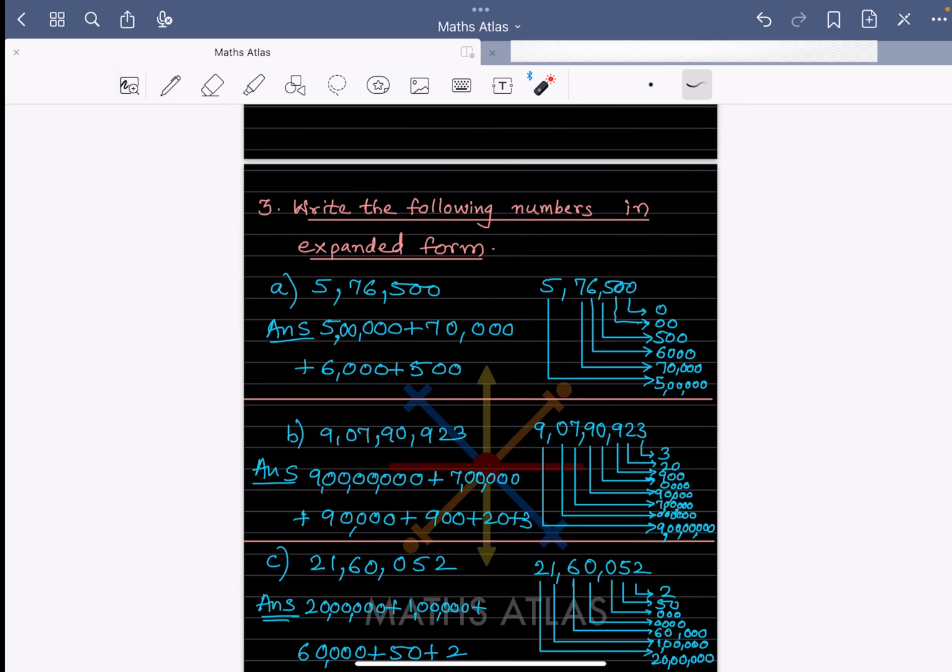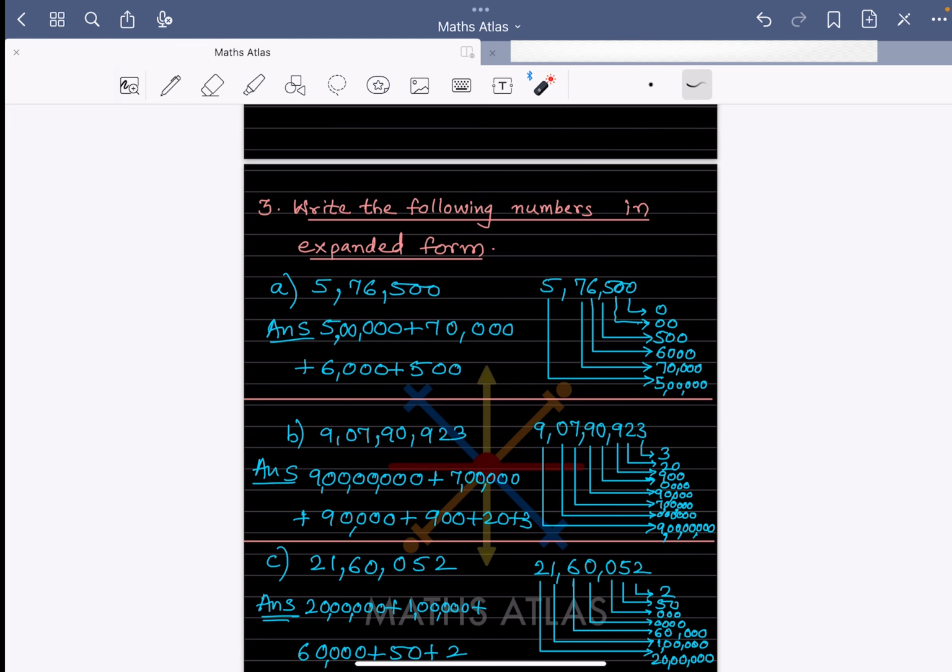They have just asked you to write in the expanded form. They haven't asked for the final answer. Suppose they ask for the final answer, you have to add all of this up and write the answer over here. Hope that is clear.